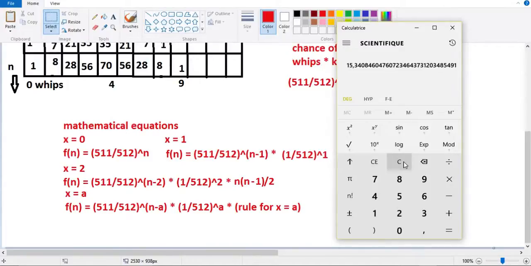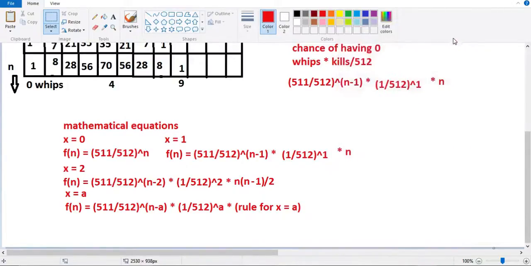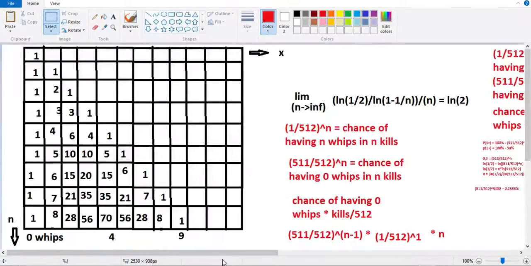Well, it's actually quite likely. You have a 15.34% chance of only having 2 whips in 2,000 kills. Well, I mean, it's only 2,000, and I didn't even have one. So yeah, that's going to be it for this video.